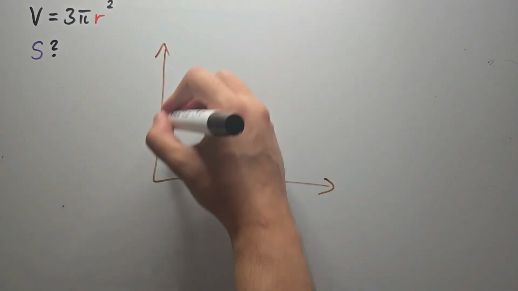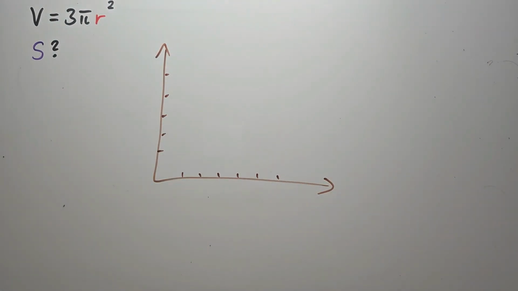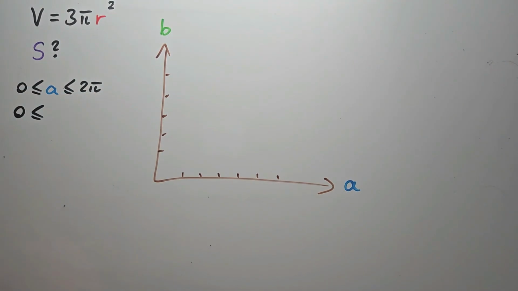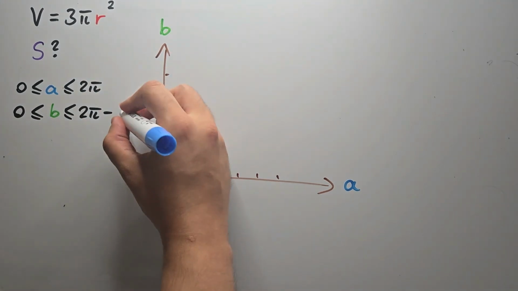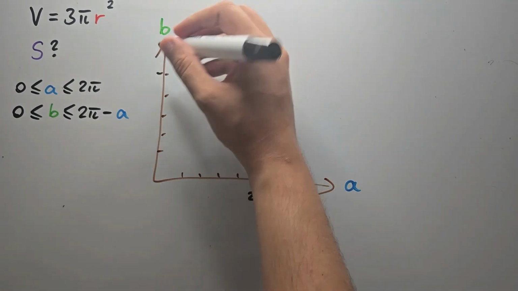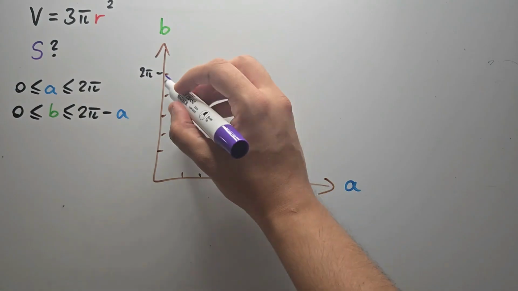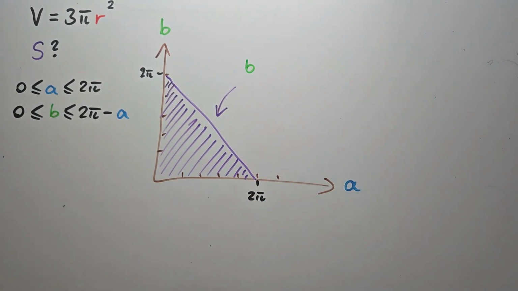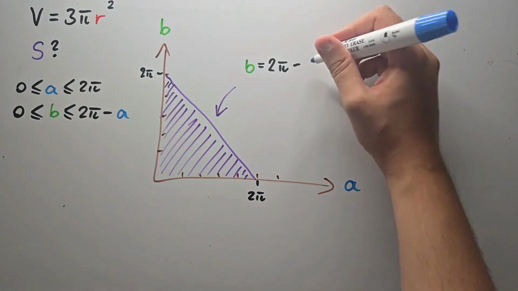Now let's look at the shadow. In order to find the shadow, we need to look at the graph from earlier, but only the a and b axes. And again, a ranges from 0 to 2 pi, and b ranges from 0 to 2 pi minus a. Thus, we can shade in purple the region containing all possible choices for a and b, which is bounded by the axes as well as the curve b equals 2 pi minus a.